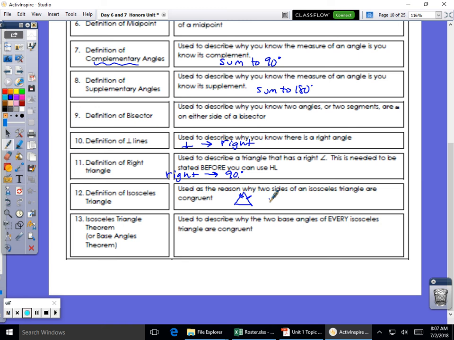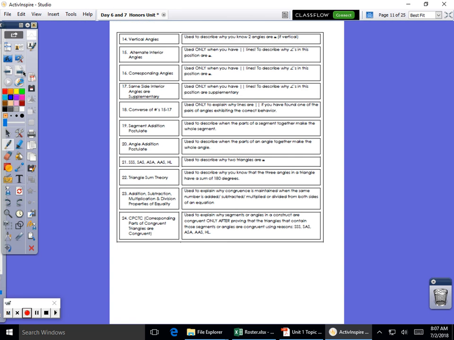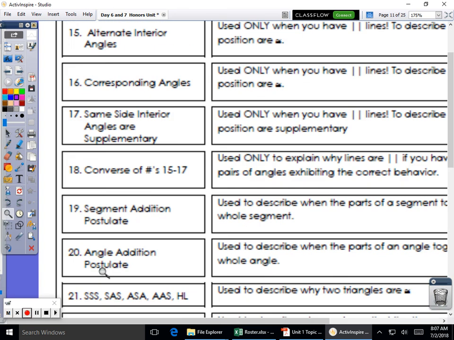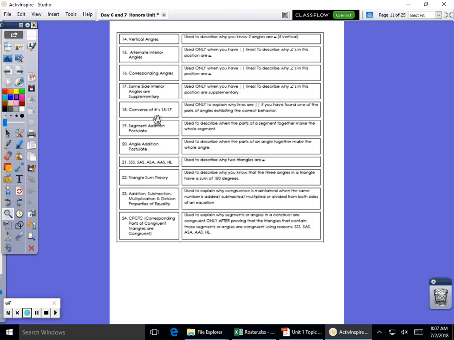Here, the base angles, and we're going to work on the base angle theorem, but if these two sides are congruent, then these two angles must also be congruent. And we'll look more at that later. Okay, so we don't use every single one of these, but I just wanted to expose you to them so that you have seen them.